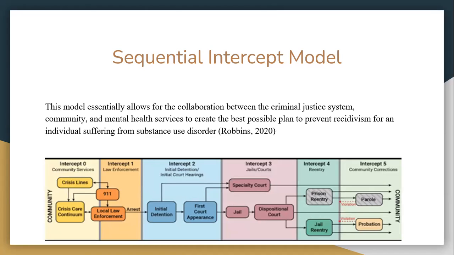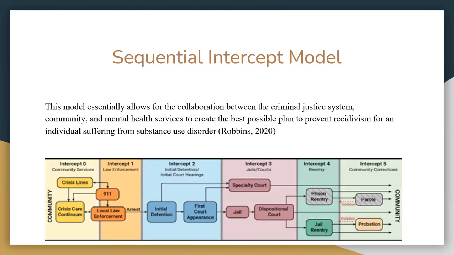The sequential intercept model is a model that allows for collaboration between the criminal justice system, community, and mental health services to create the best possible plan to prevent recidivism for an individual suffering from substance use disorder. If you refer to the figure below, you'll see intercepts 0 through 5.